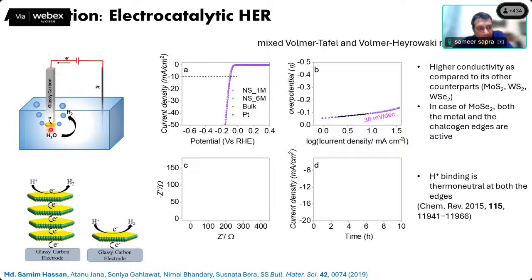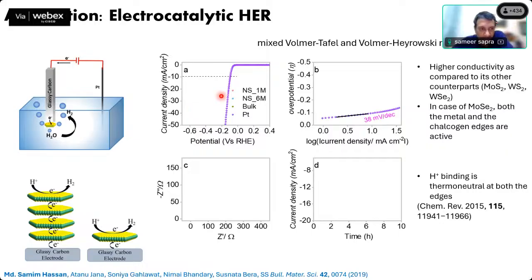Now, if you just use platinum, platinum requires 0 volts. That is the definition of the standard hydrogen electrode. This is all done in acids, 1 molar acid condition. So platinum ideally requires just 0 volts, but when you make a device, things are not ideal.